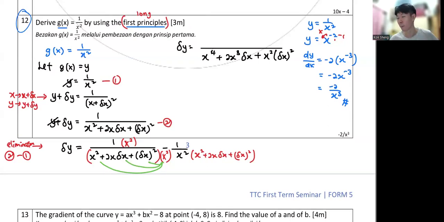Okay, the top there also: 1 times x squared minus the 1 here, you have to times by everything here. So right again, this is delta x.